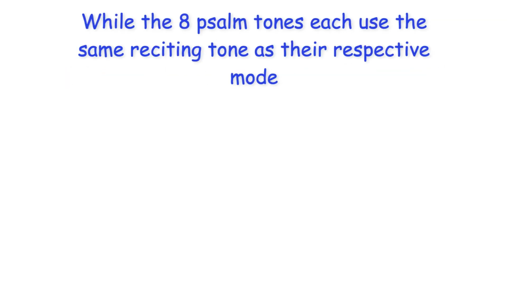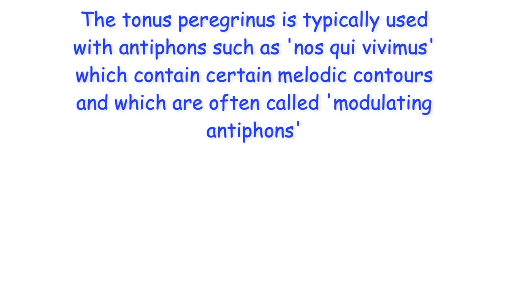While the 8 psalm tones each use the same reciting tone as their respective mode, the tonus peregrinus contains 2 reciting tones, one on A and the other on G. The tonus peregrinus is typically used with antiphons such as Nos qui vivimus, which contain certain melodic contours and which are often called modulating antiphons.